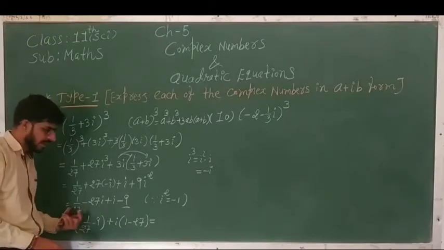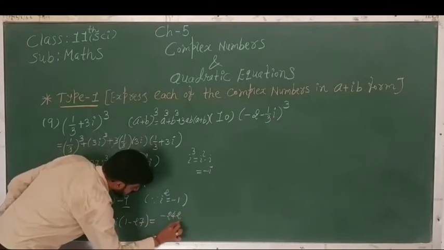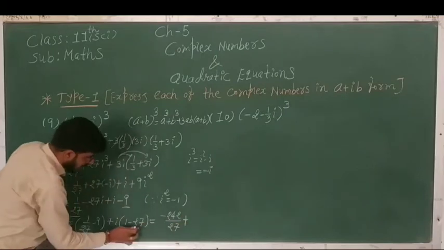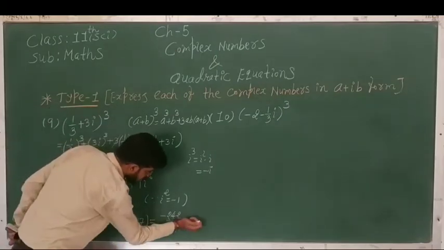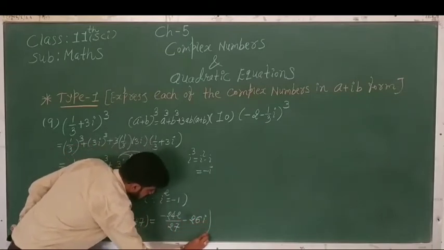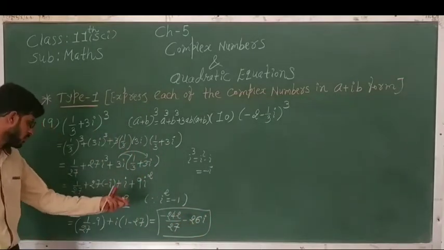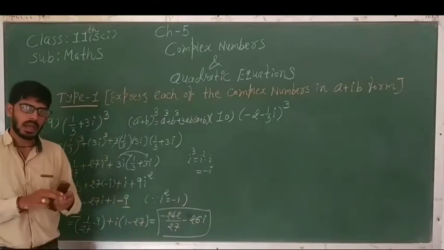So 243 minus 1, 242. So minus 242 by 27, plus minus 27 plus 1 gives minus 26, so we can write minus 26i. Is it clear? So our answer is minus 242 upon 27 minus 26i.